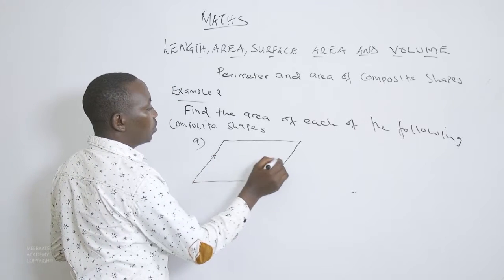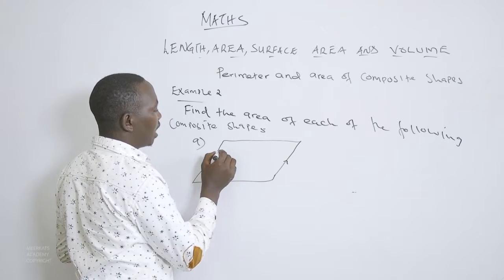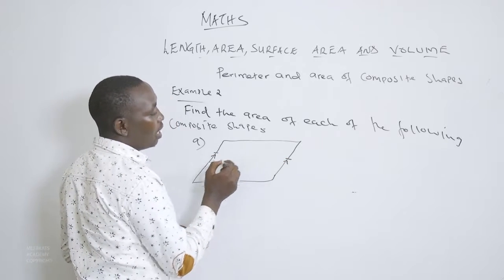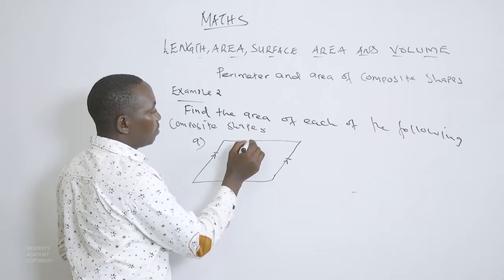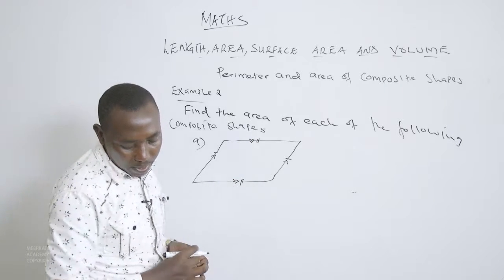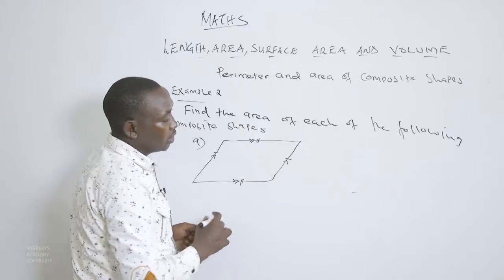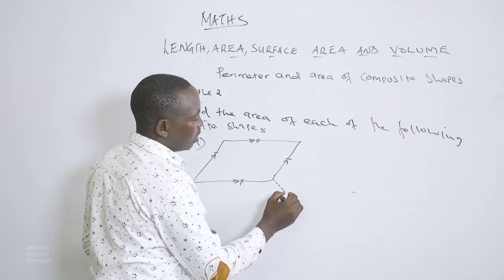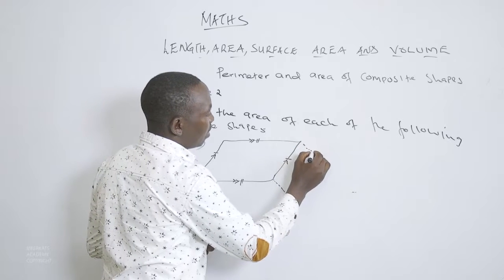We understand that two opposite sides of a parallelogram are always equal and parallel, which forms another square.